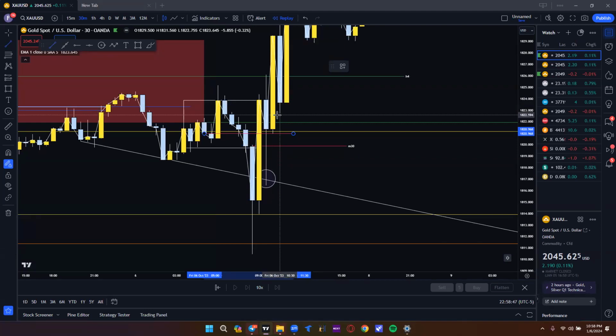Then on the next candle, if you missed all of this movement, we can also observe that this was a decision level here. And very nicely, it conveniently retests that level and leaves.